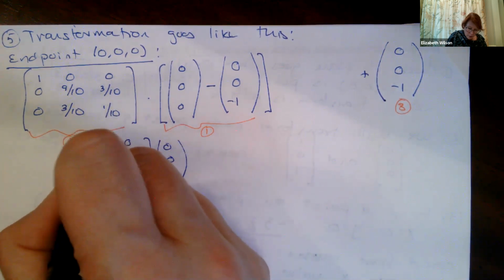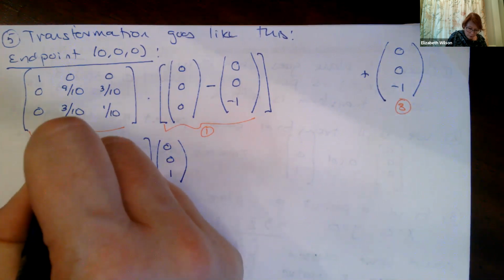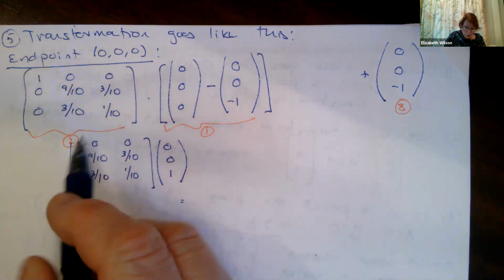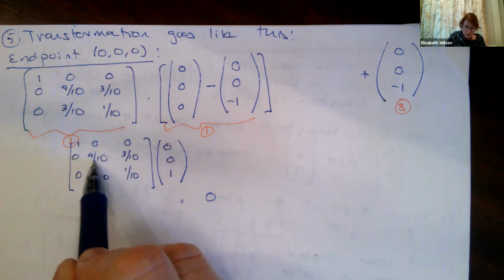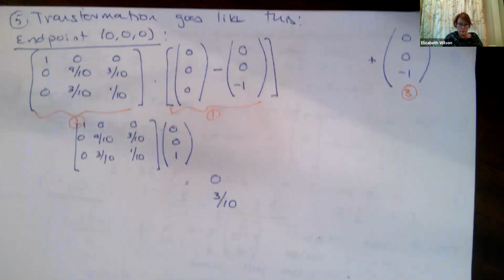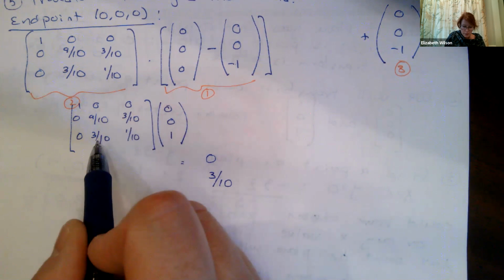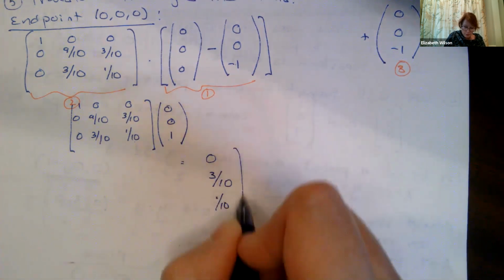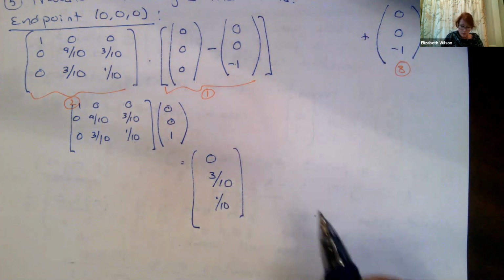Doing my matrix multiplication, this row times this column: 1 times 0 plus 0 times 0 plus 0 times 1; 0 times 0 plus 9 tenths times 0 plus 3 tenths times 1; 0 times 0, 3 tenths times 0, 1 tenth times 1, 1 tenth. Plus 0, 0, minus 1.